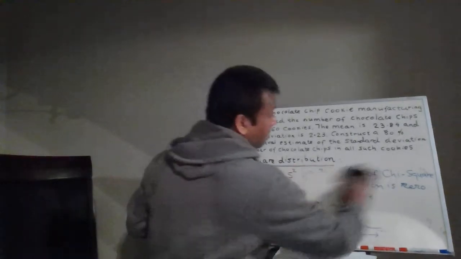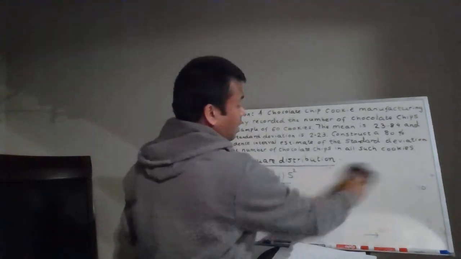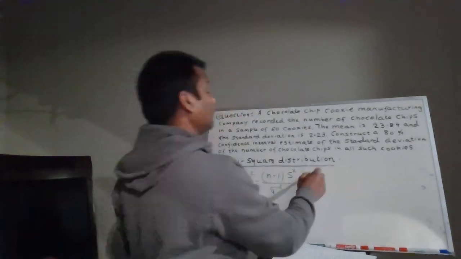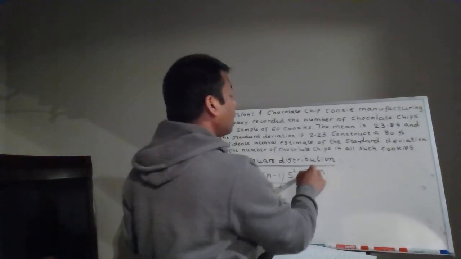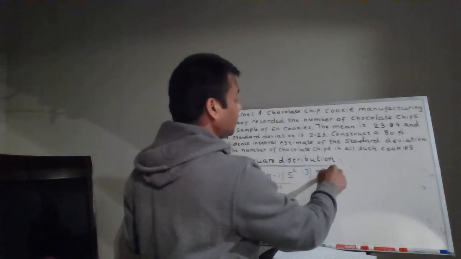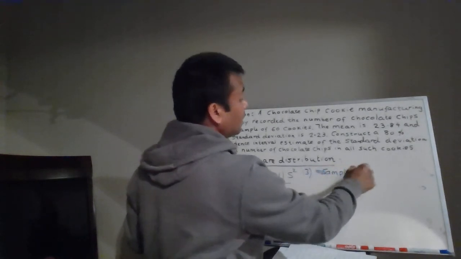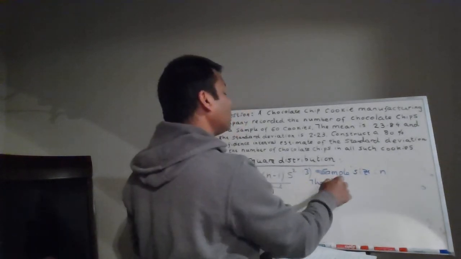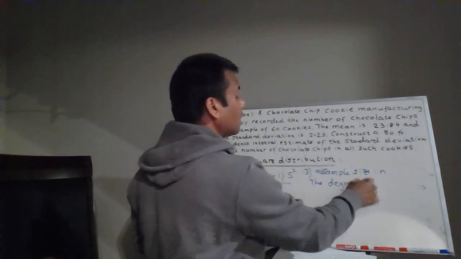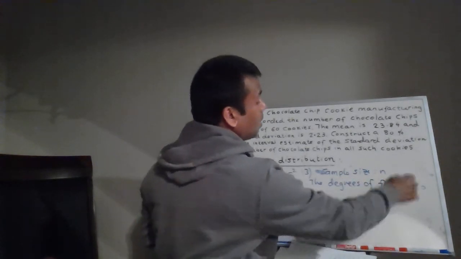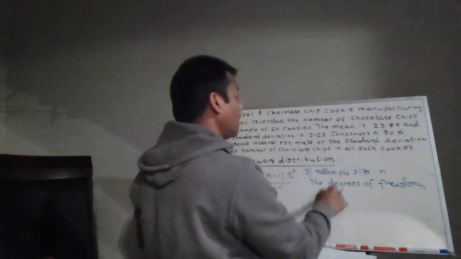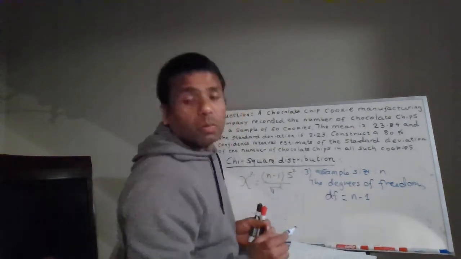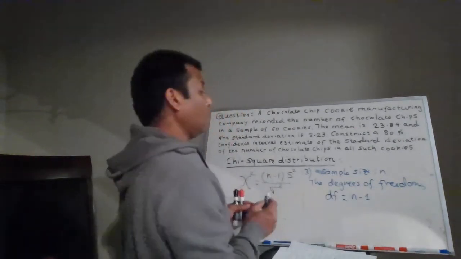The third property: the n is the sample size, and the degrees of freedom, which we denote by df, is always given by sample size minus 1, n minus 1.